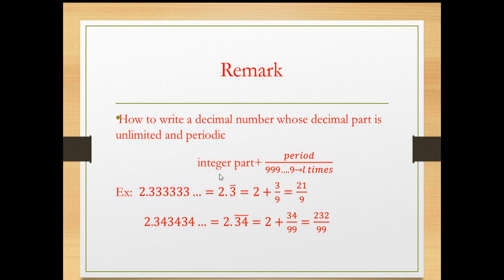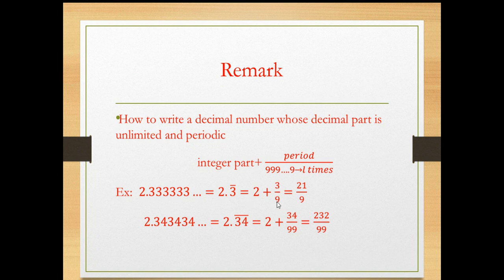So the rule is integer part plus period over 9 times. What does it mean? I will give you this example. If you have 2.33333, normally you see it as 2.3 bar. What is the integer part here? It's 2, plus, sorry, what is the repeating part here? 3. So it's 3 over 9.